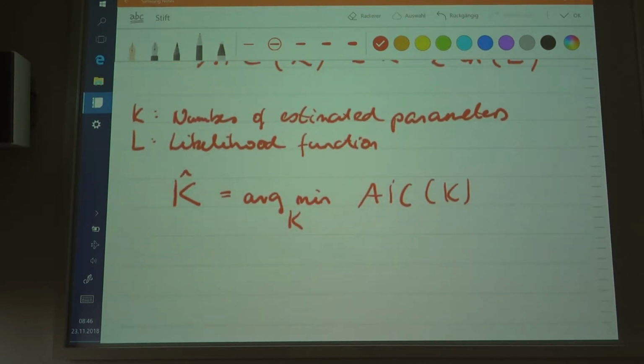So K hat is the selected number of parameters.